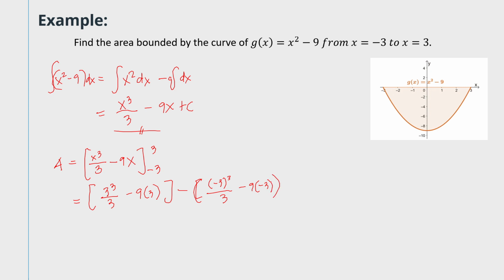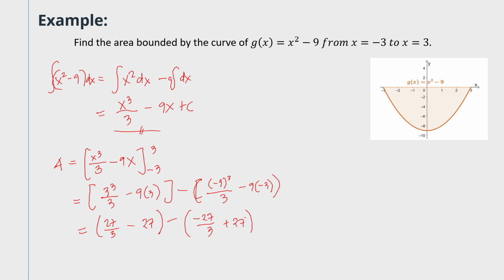So we have to simplify. So this is 3 cubed, 27 over 3 minus 27, minus negative 27 over 3 plus 27.